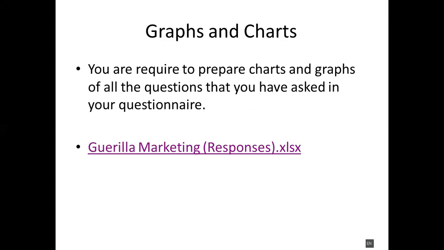Now we have also understood how to prepare charts and graphs using the insert tab or through the Alt plus F1 shortcut key. Now you are required to prepare charts and graphs of all the questions that you have asked in your questionnaire.